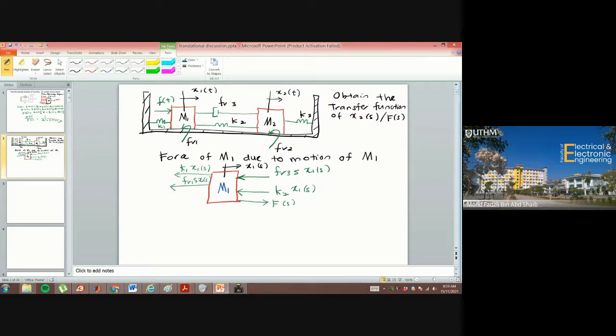And finally we have M1, M1 times S square, M1 times S square, S1S. So in total we have 6 forces.